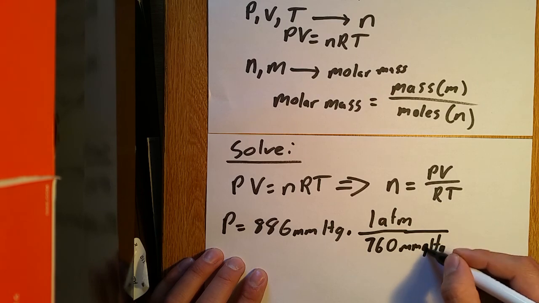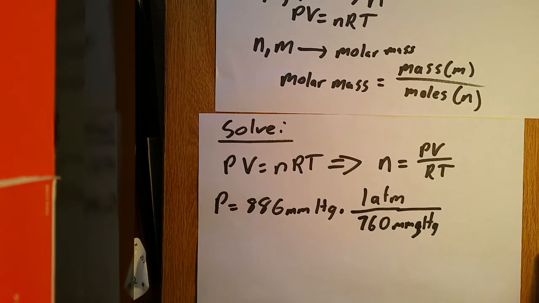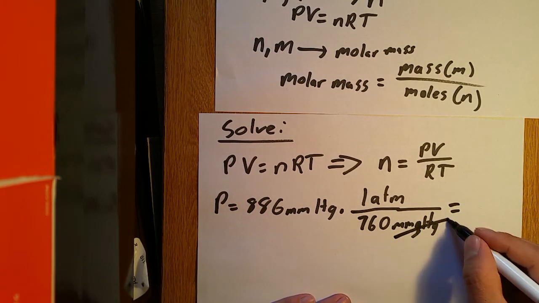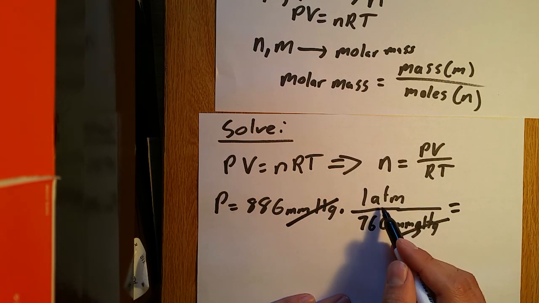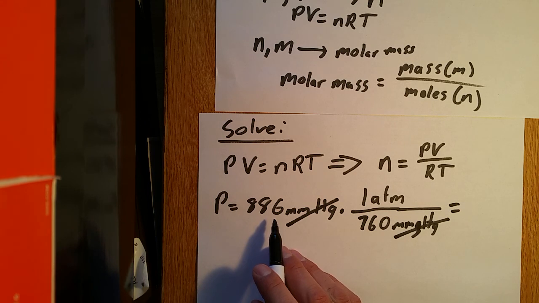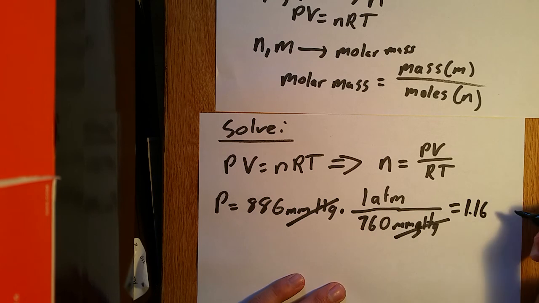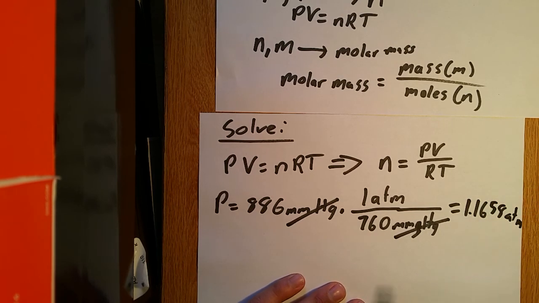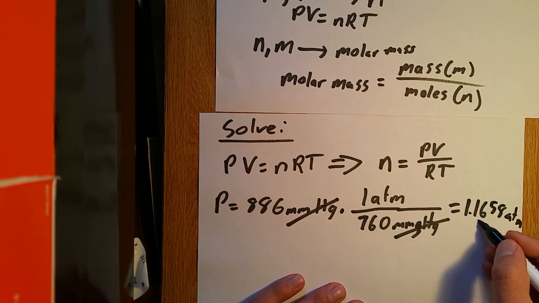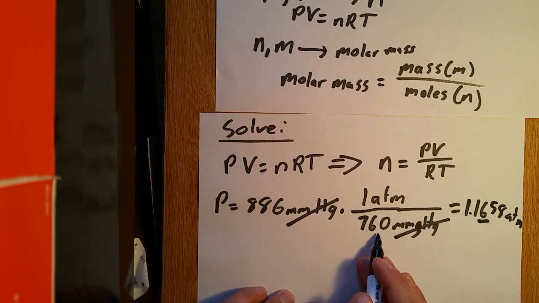The millimeters of mercury cancel out, leaving atmospheres. So 886 divided by 760 gives 1.1658 atmospheres, and with proper sig figs we round at the 6 because we only have 3 sig figs here.